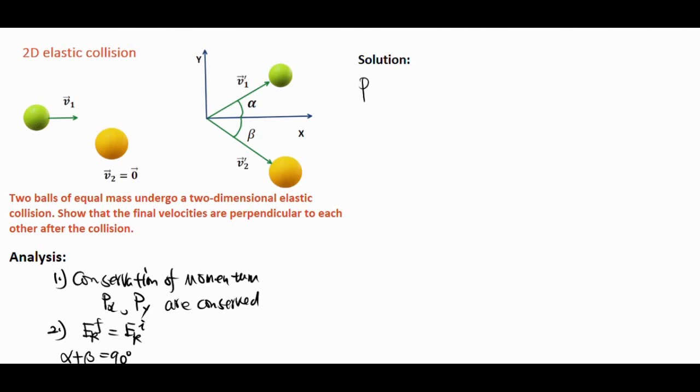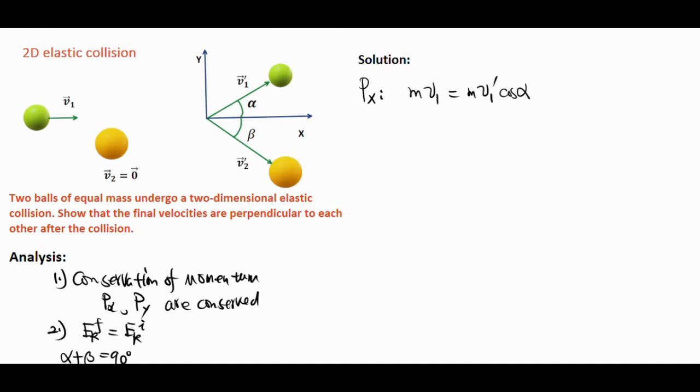Because px is conserved, we can write down the equation. V1 prime, with no arrow, means the magnitude of the corresponding vectors.